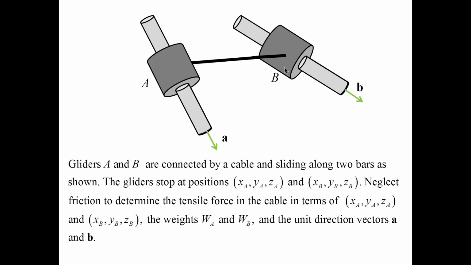We neglect friction in this problem, and our task is to express the tension in the cable in terms of the weights and the direction vectors A and B. We begin with drawing the free body diagram for the left glider.